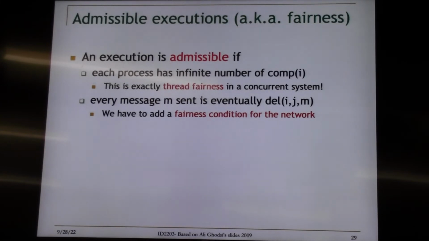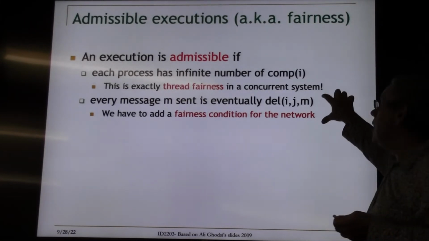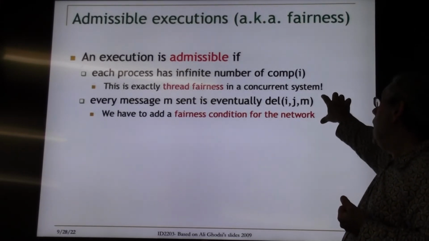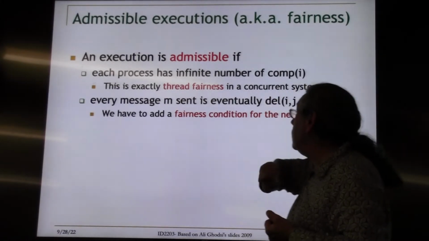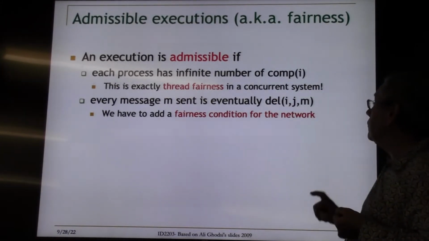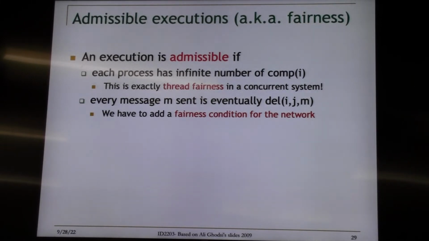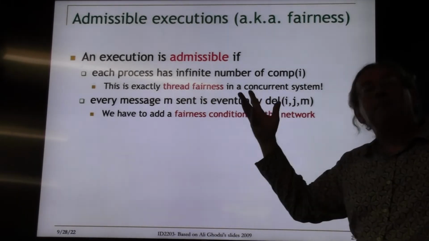Because we have a little bit more. We have a network now. And the network takes time, and messages go on the network. When I send the message, it eventually has to be delivered. If I put a message in an out buff, there must be a del taking it, putting it back in the in buff. Okay? It must be delivered. Otherwise, the message will stay in the network forever. It's like a memory leak.